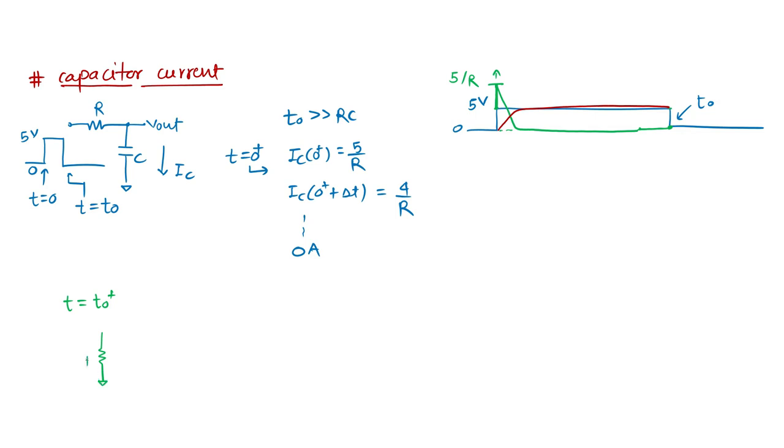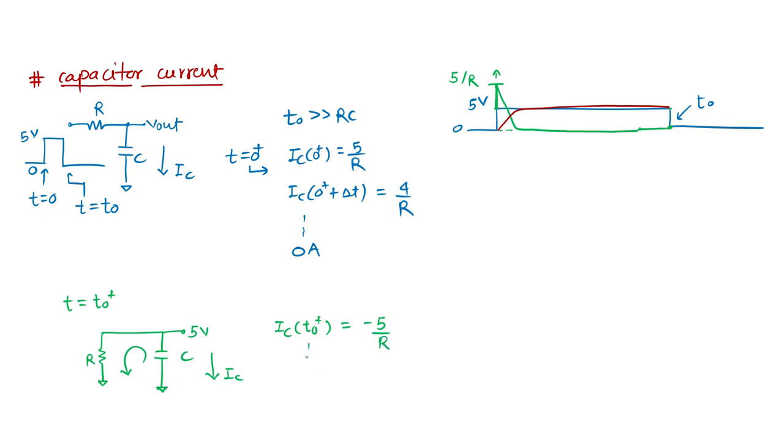So this is my R, and this is my capacitor, which is well settled to 5 volt, and after that it will start reducing. I'll consider the same direction for the capacitor current. I am not going to change the capacitor direction, but the current will flow in the opposite direction. So the capacitor current at this particular instant is nothing but the reverse, minus 5 by R.